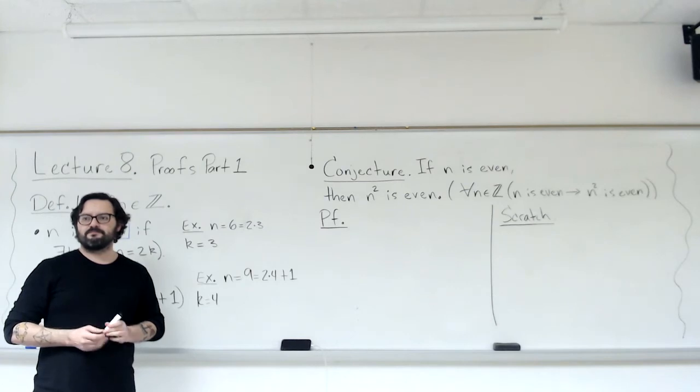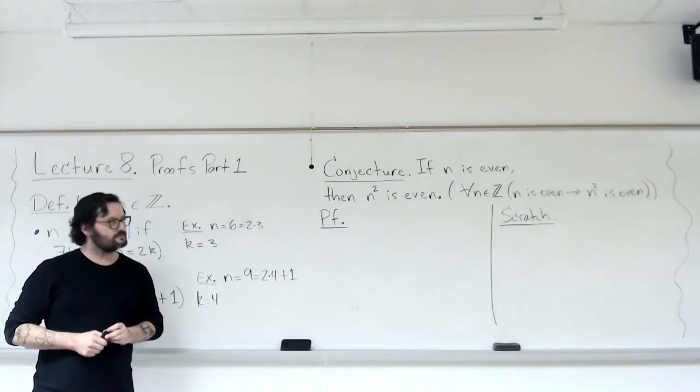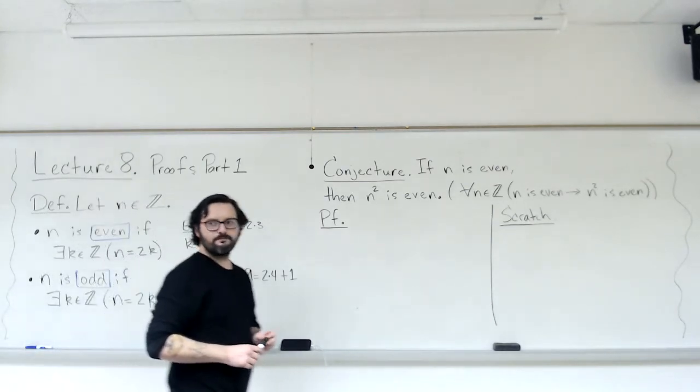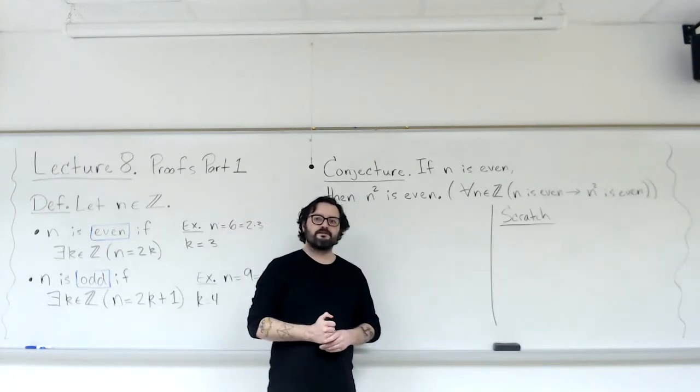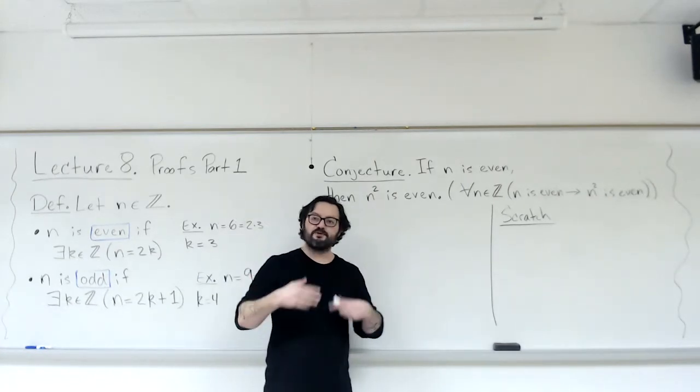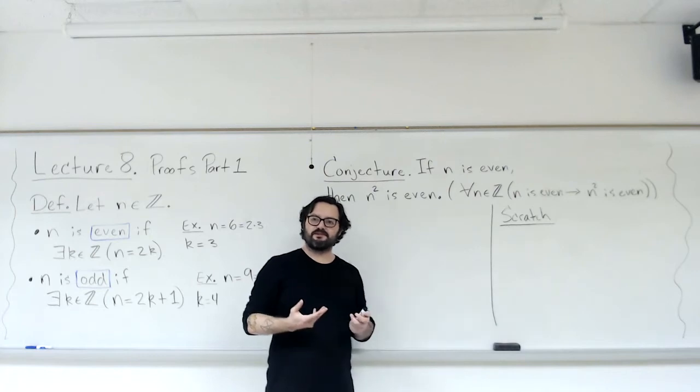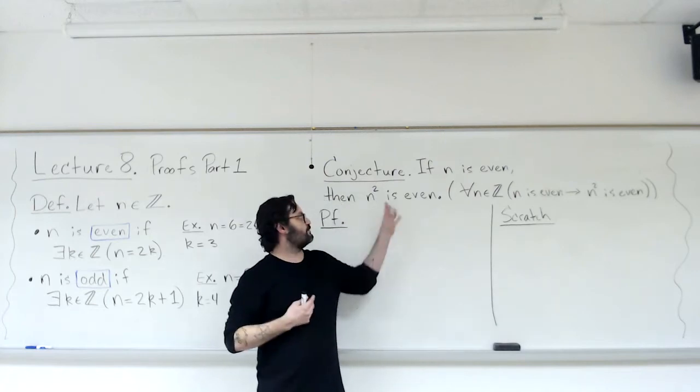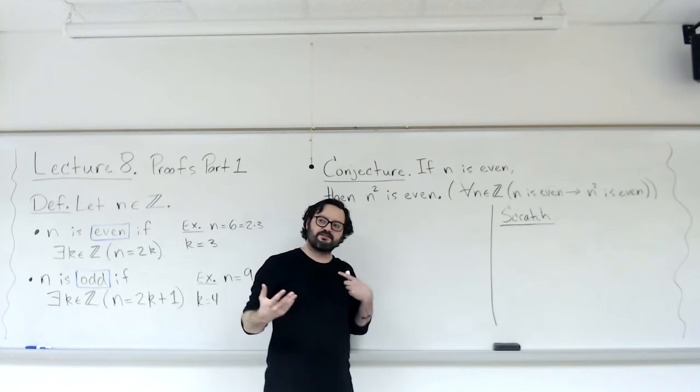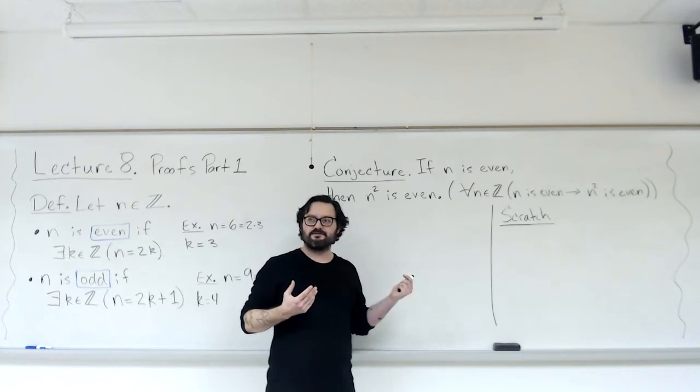Because if you put 4, then the square of it is 16, right? So this would be an example where it's true, but it doesn't say to me why it's always true.